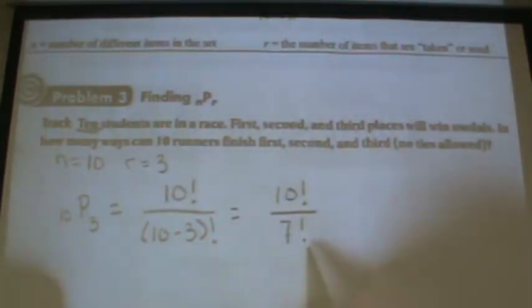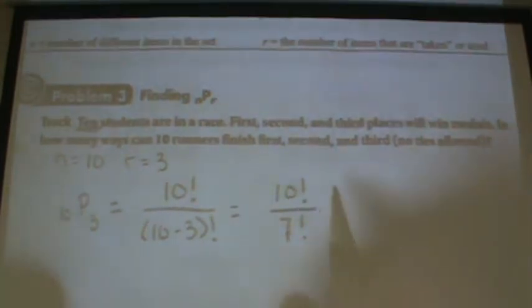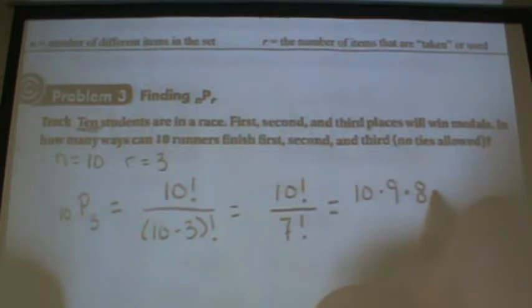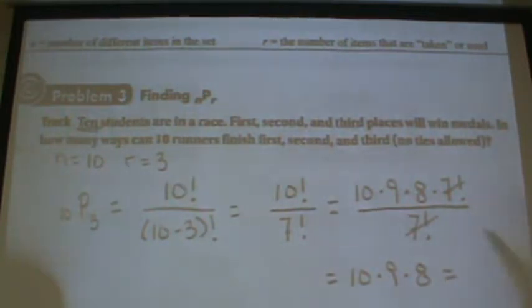You can type this into your calculator, or you could simplify it further, because this is really 10 times 9 times 8 times 7 factorial, over 7 factorial. You could cancel the 7 factorials, and you'd be left with 10 times 9 times 8, which equals 720.